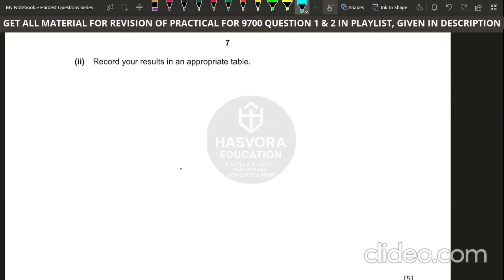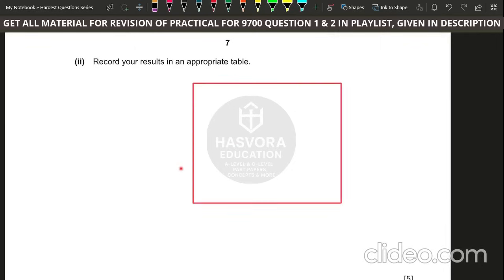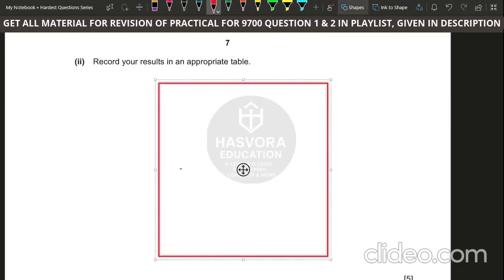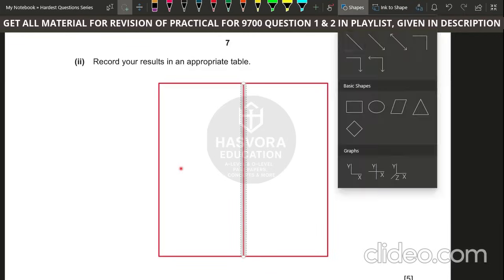So now let's make a table. This is how your table should look. We will have two columns, and then we will have 5 rows.